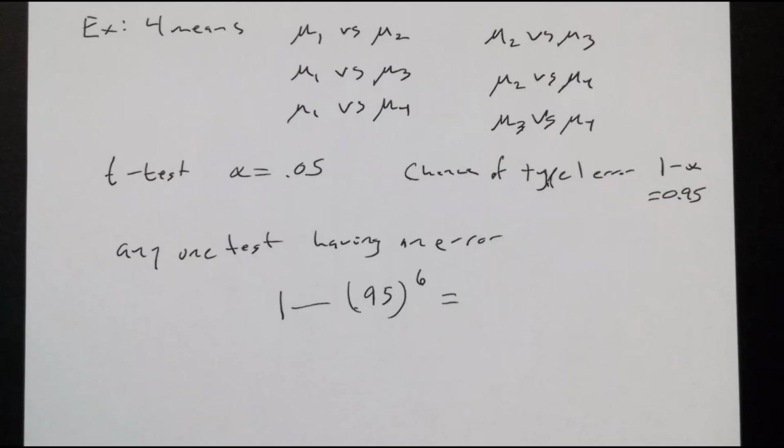The more means I want to compare, the worse of an idea it is to do individual t-tests. I would much rather do one massive test and say, can I do all of these at once? And that idea is what the analysis of variance is about.